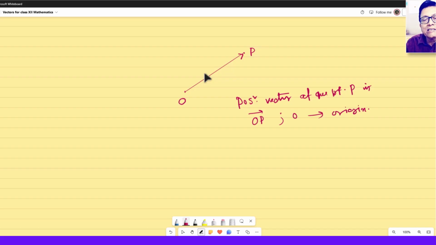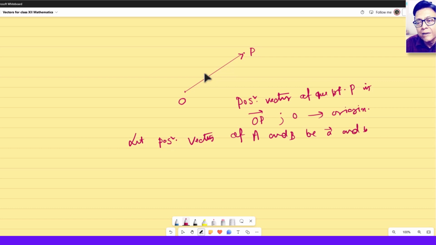Just for an example, let the position vectors of the points A and B be vector A and vector B respectively. Then what do you mean by this? It means there is an origin.